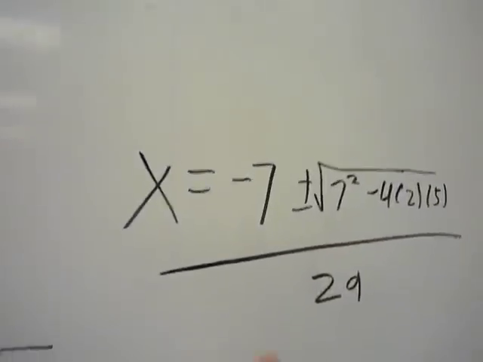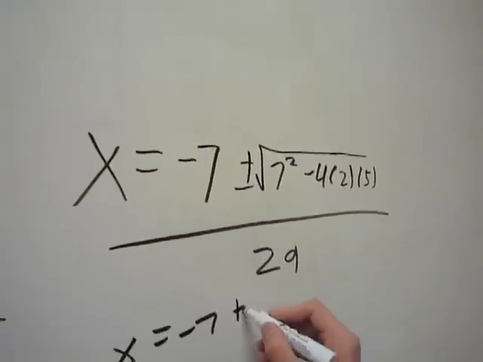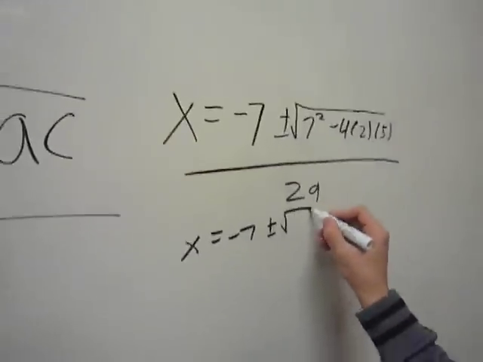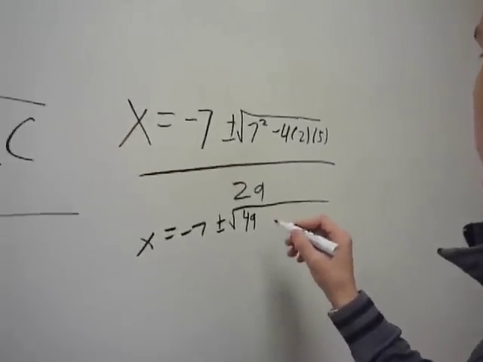So then you got X equals negative 7 plus or minus the square root of 49.